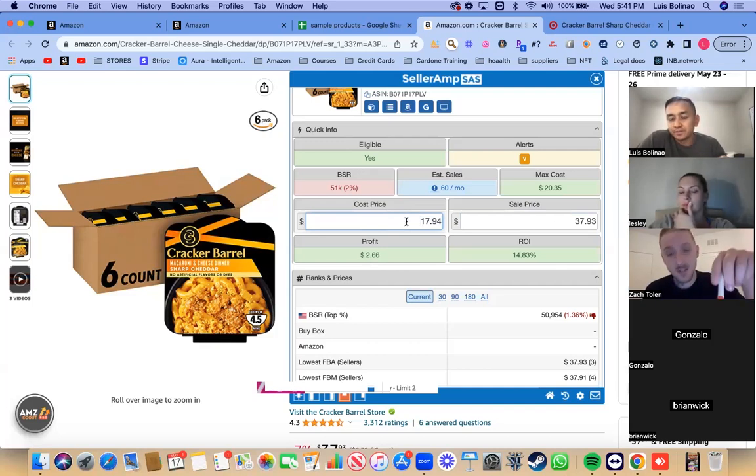So since I have 6 units, it'd be $6, whatever $1.20 times 6 is, plus 17.94. Oh, you mean to prep it? Yes. It's per unit. Correct. So because it's a 6-pack, I have to times that by 6. Oh, no. It's per unit. Maybe I'm getting unit mixed up with something else.